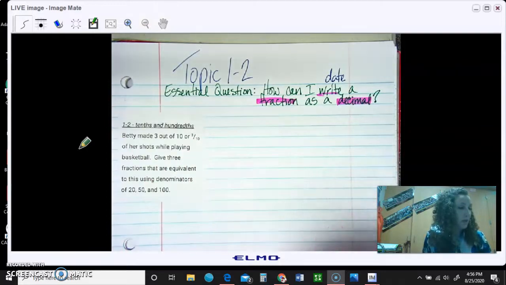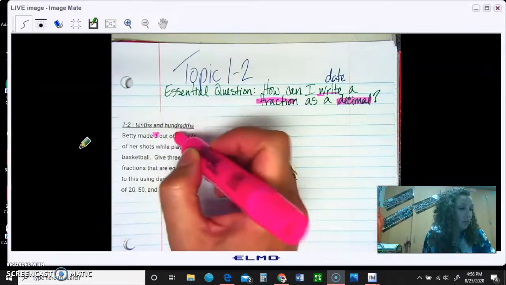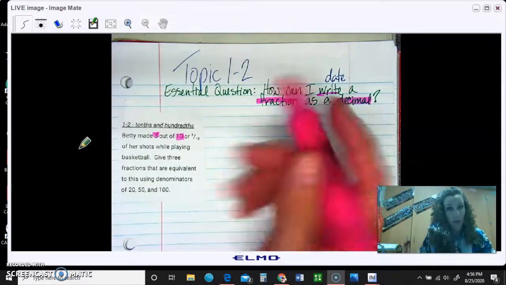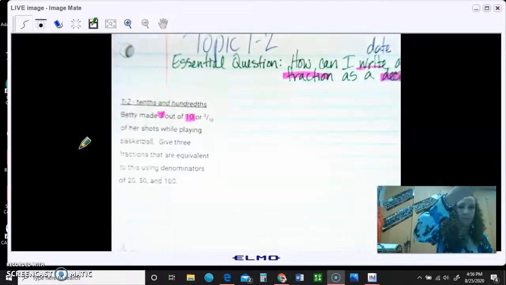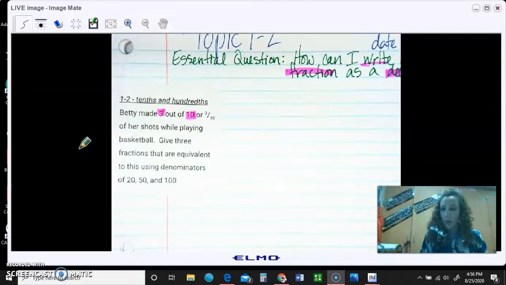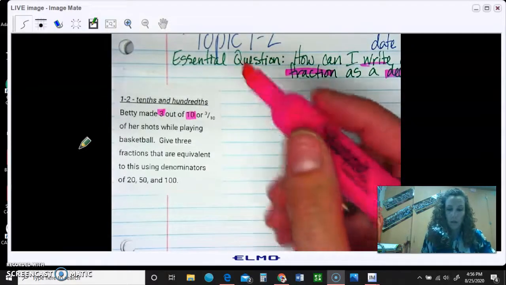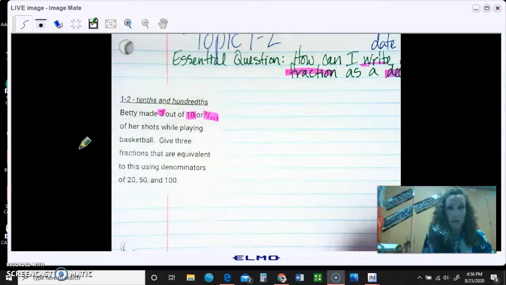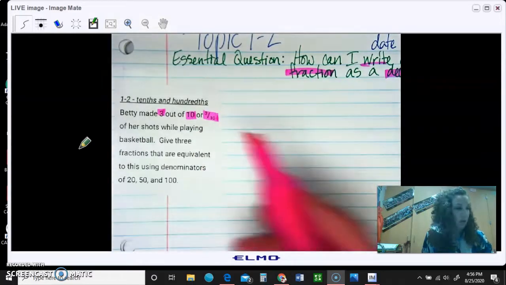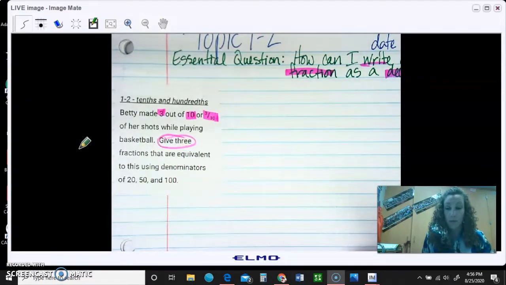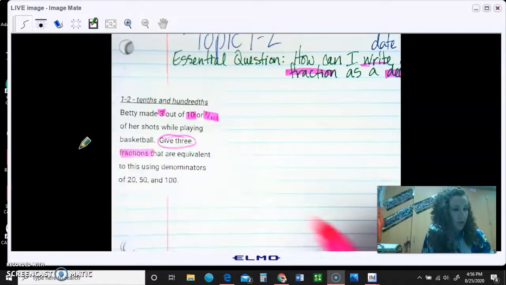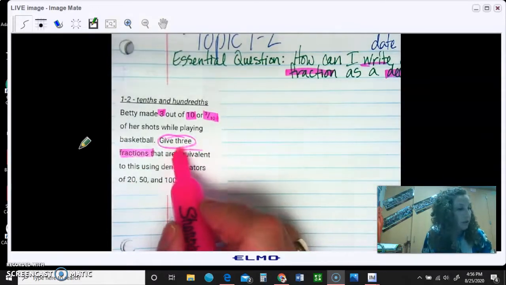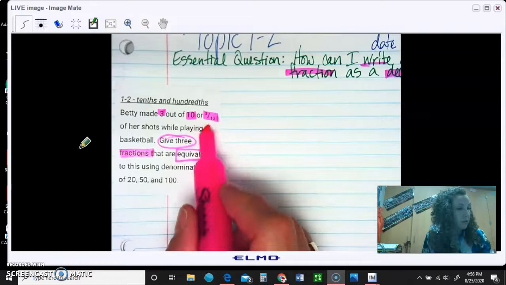So looking at it, we say, okay, there's 2 numbers, kind of important, right? Maybe I'll zoom it up a little bit. Okay, so then we say, well, definitely 3/10 is important. Hey, we need to give 3 fractions that are equivalent to that.